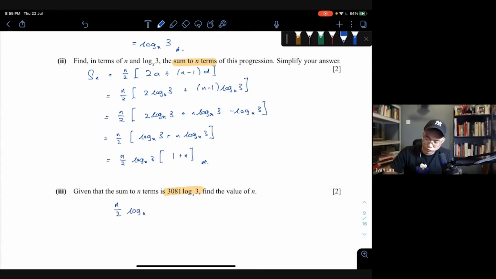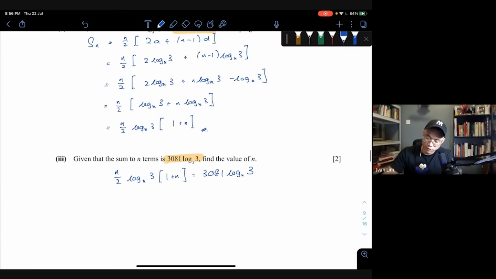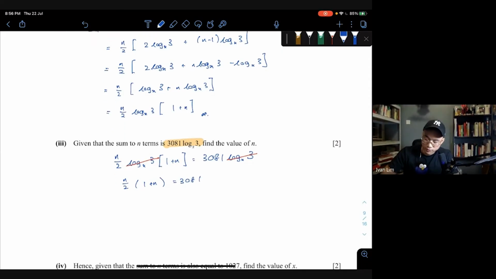So n over 2 log x3 (1 plus n) equals 3081 log x3. We can simplify it. This one cancels. Okay, so it will end up with n over 2 (1 plus n) equals 3081. It will become n plus n squared equals 6162. n squared plus n minus 6162 equals 0.